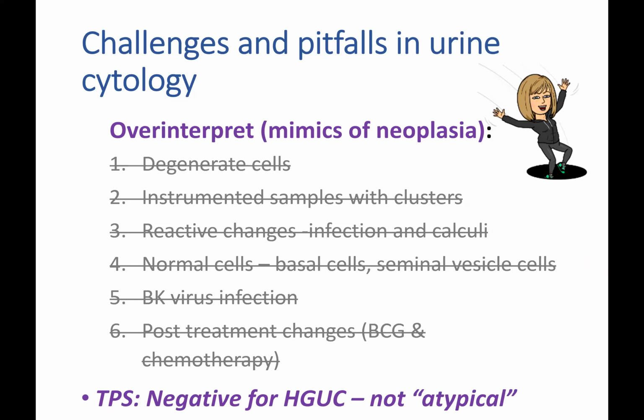The Paris system, however, clarifies that all these overestimate situations can be called negative for high-grade urothelial carcinoma and not atypical.